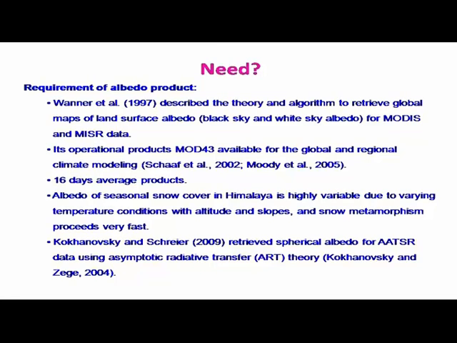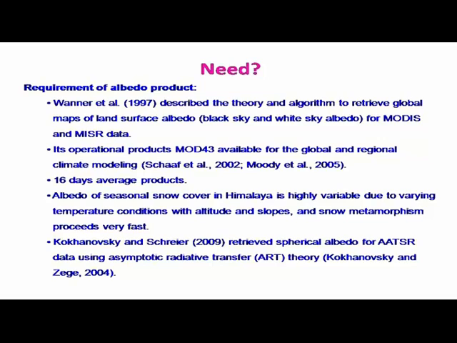Warner described the theory and algorithm to retrieve global maps of land surface albedo using MODIS and MISR data, and its operational products were available as MOD43. But these products are 16-day average products, because they have to consider the geometry of different viewing angles, solar zenith angles and all, and based on that they developed these spectral albedo products.